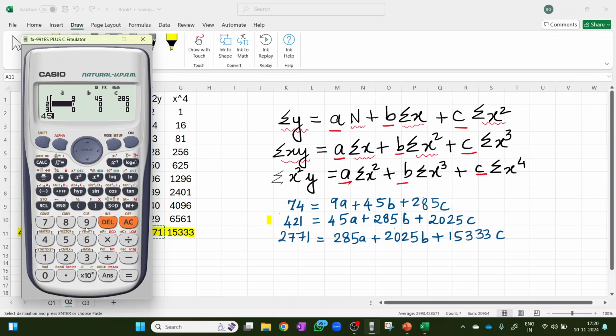Okay, that's why I prefer to write them first, like on the right hand side itself. Okay, 285, 2025, 421, then 285, 2025, 15333, and lastly 2771. So my value of A is negative 13 over 14.